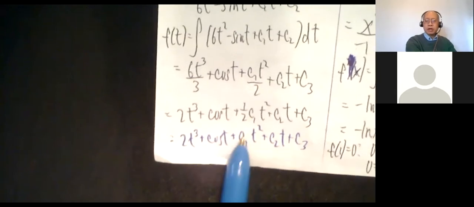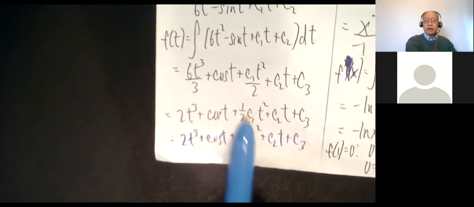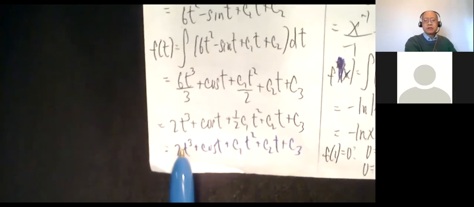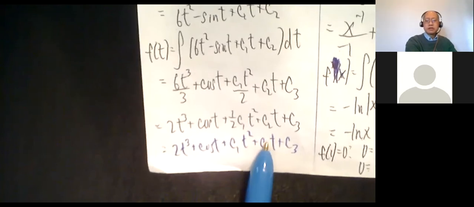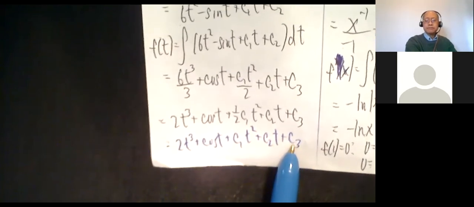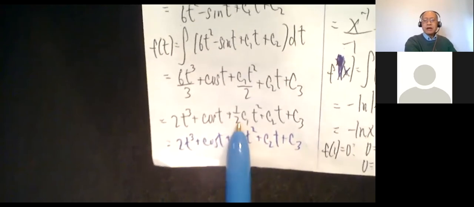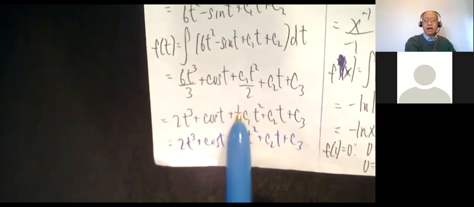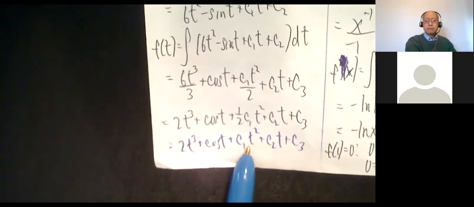I get every real number by putting in c1. If I put in any real number for 1/2 c1, I get all the real numbers also. So the best way to write the final answer is 2t cubed plus cosine t plus c1t squared plus c2t plus c3. I know that's a little bit different, weirder concept, but c1 is an arbitrary constant. It'll get you all the real numbers when I multiply by 1/2. So if that can happen, you might as well just leave it as c1t squared.